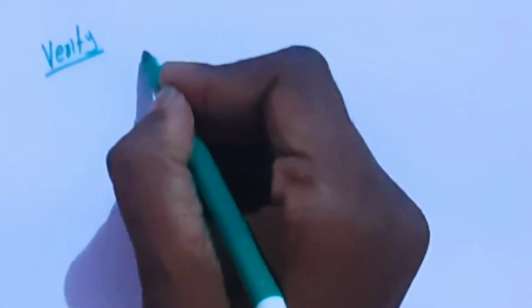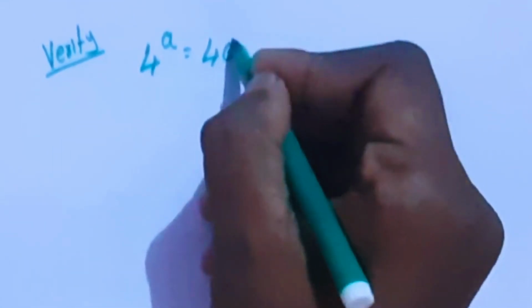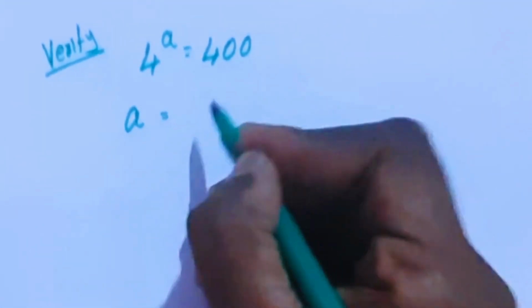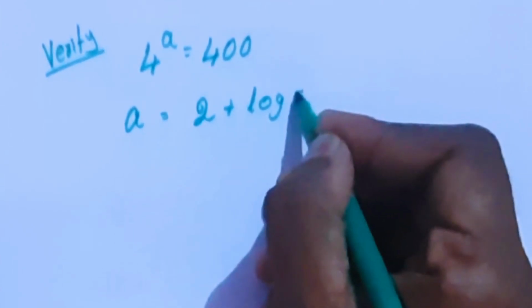Now verify 4 power a equal to 400. Now a equal to 2 plus log 5 base 2. This we are going to verify now.